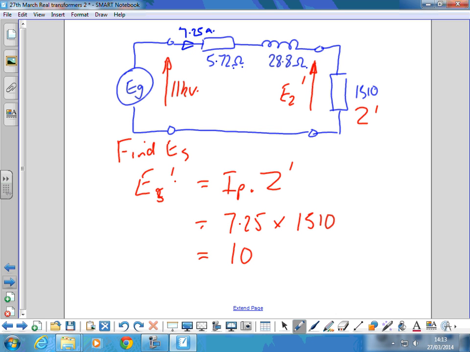10,947. Yeah. Remember the nominal primary voltage is 11,000, and we now got 10,947. So we lost less than 100 volts.